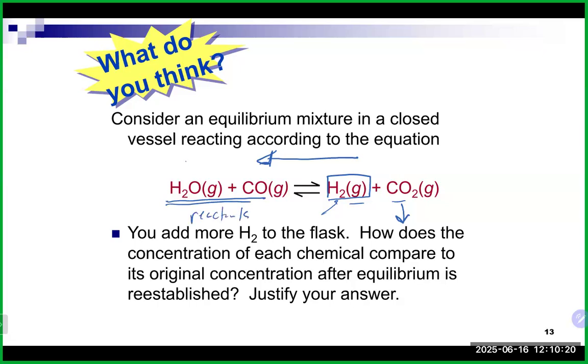And because of that, we would see the concentration of our reactants increase in this case. And in the case of H2, much like we saw with water, we will actually see overall it should come down. But once again, it's going to artificially go up because you added it. But once it starts reacting again here with our CO2, we should start to see the concentration again come back down in that case. Any questions on that there?